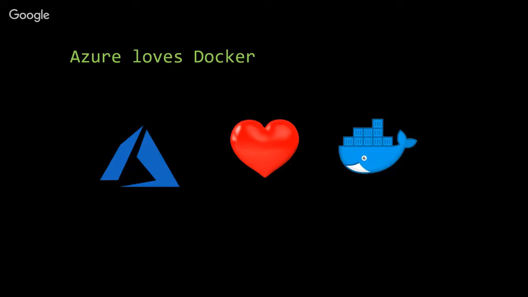We're not going to talk about Kubernetes today, but we'll do some other brown bags where we go into some Kubernetes and Docker Swarm stuff. But Azure has a lot of really good tools for hosting Docker containers. And in fact, it's all really built into Visual Studio.